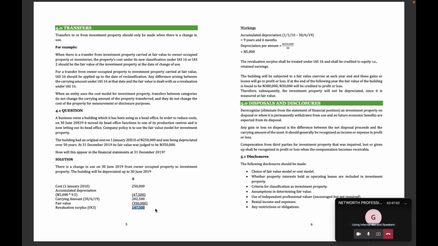The answer here is that it has to go to OCI, even though the asset has ceased to become PPE. Whatever gain the asset has made up until the date it ceased to become a PPE should be attributed to that PPE and not fair value.